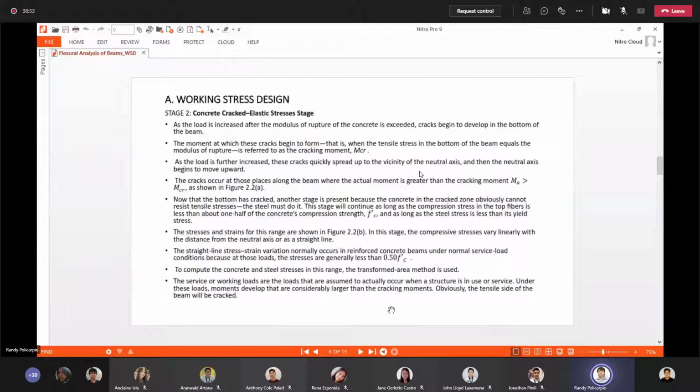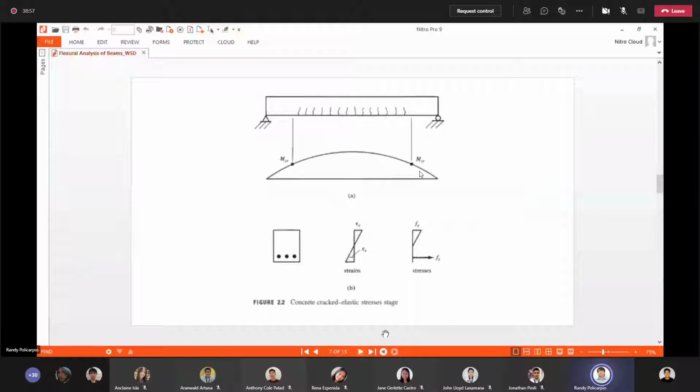And the tensile side of the beam will be cracked. So to visualize this, ito yung ating mga illustration. Okay, so once na nasa crack stage na yung beam natin, cracks will be developed in the tensile side of our beam. Okay, so ito yon.